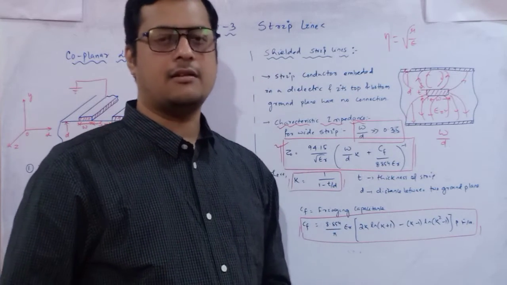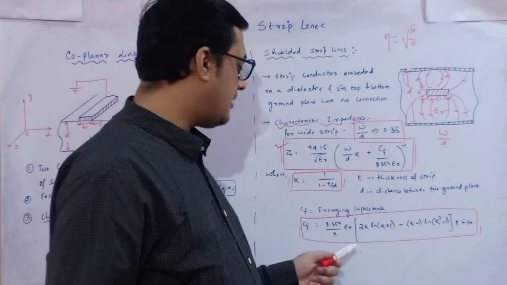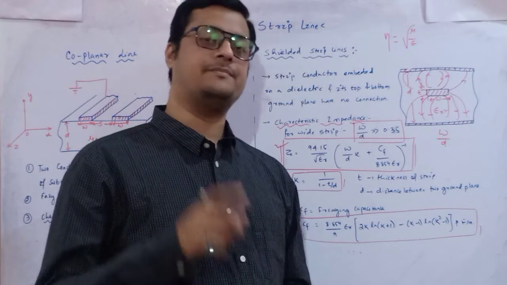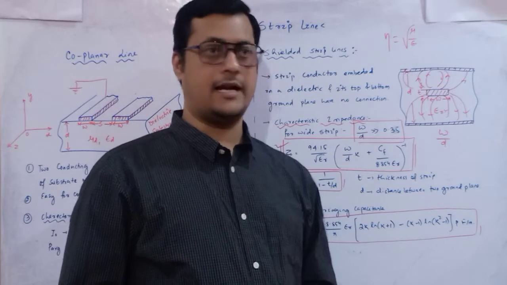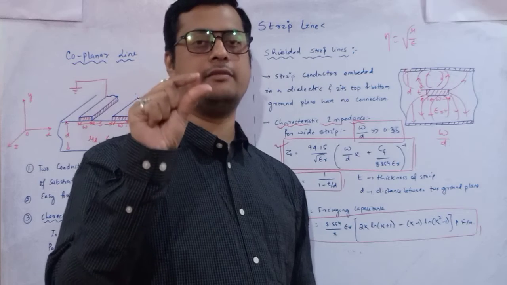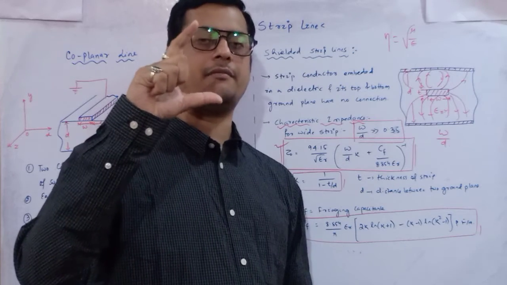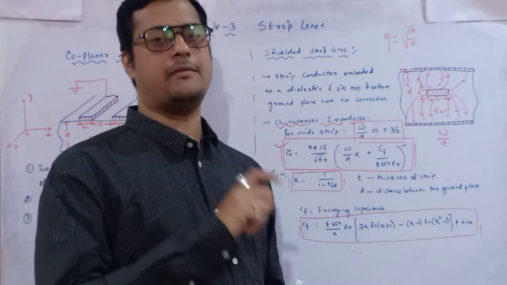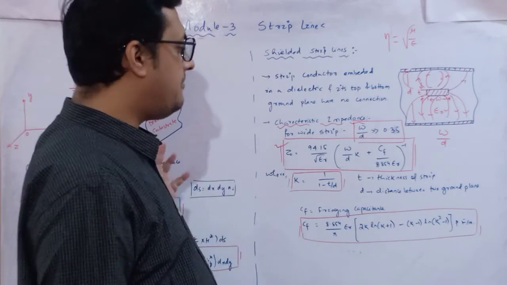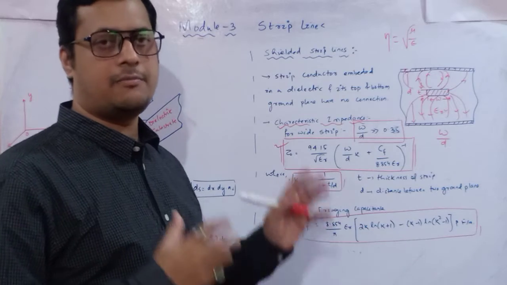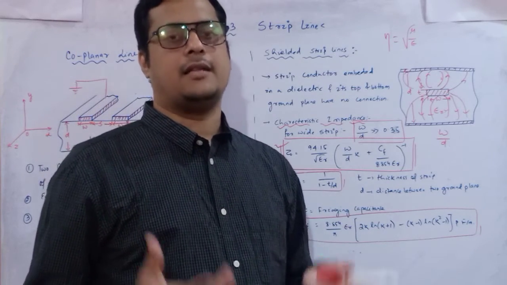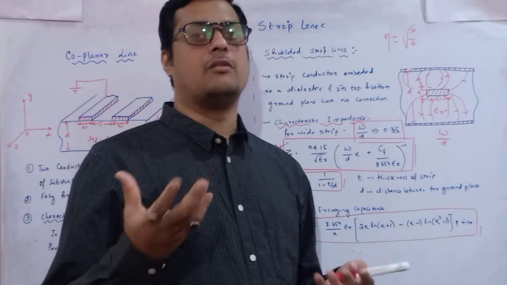So from this relation we can conclude that your fringing capacitance depends upon the dielectric of the substrate and the K value, which indicates the thickness of the strip and the separation of the ground planes. Depending upon this we are going to calculate the fringing capacitance. So these are the basic relations through which we can easily determine the unknown factors.